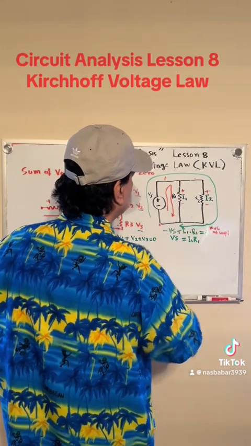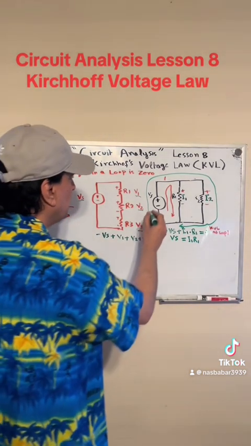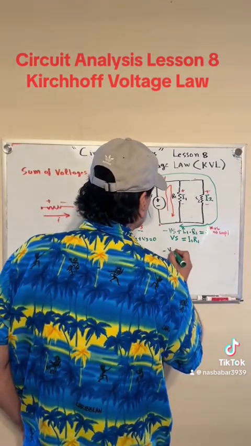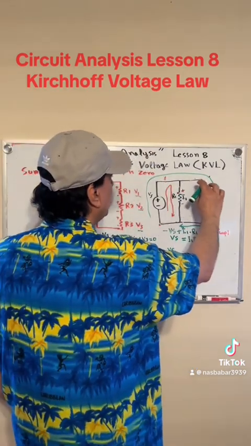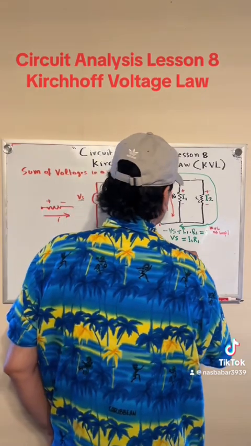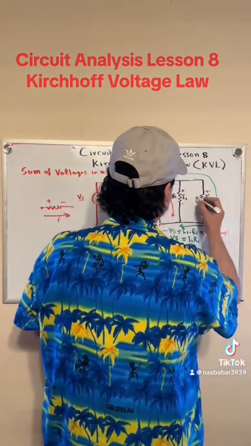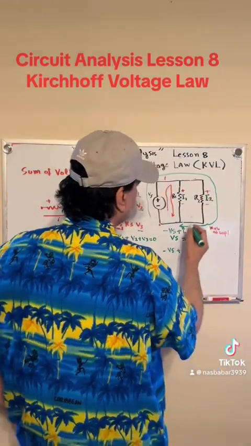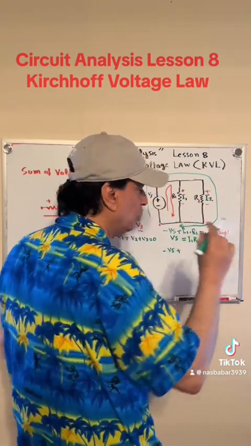Now let's write down Kirchhoff's voltage law on this. We're starting from right here. So we have minus V sub S right here, and then we go down, and this is the loop. So this is going to be plus R2. The current over here is I2, the resistance over here is R2, apply Ohm's law.